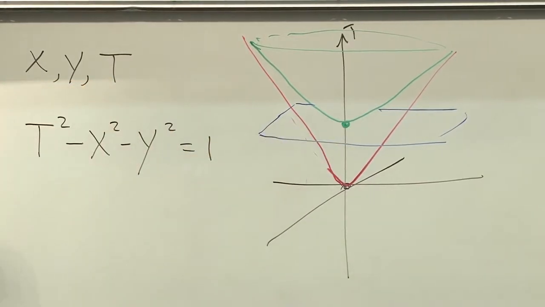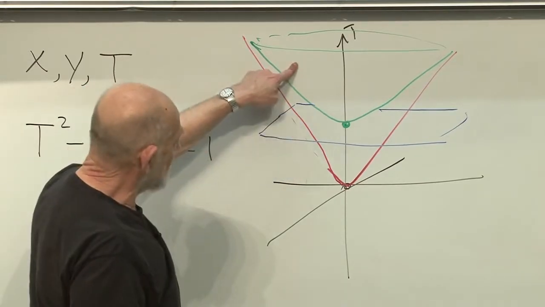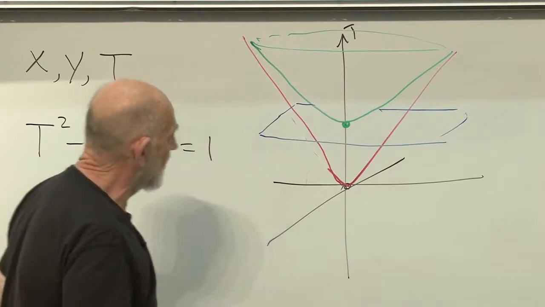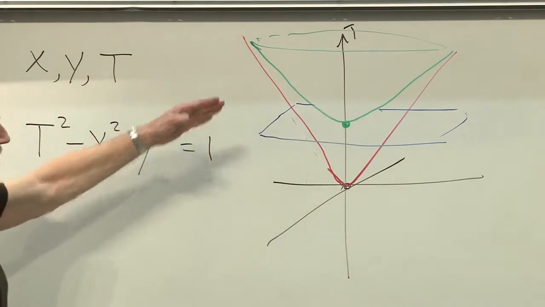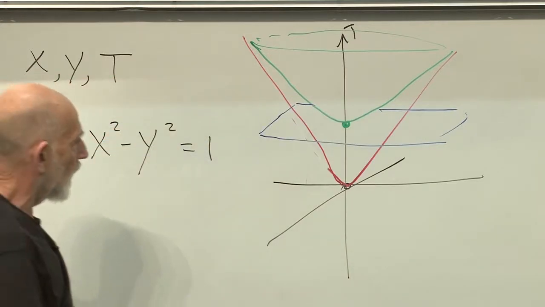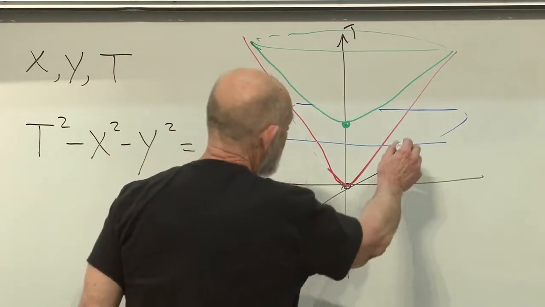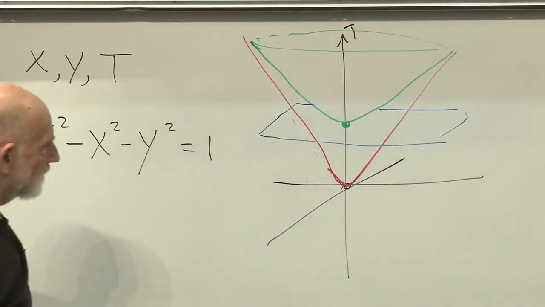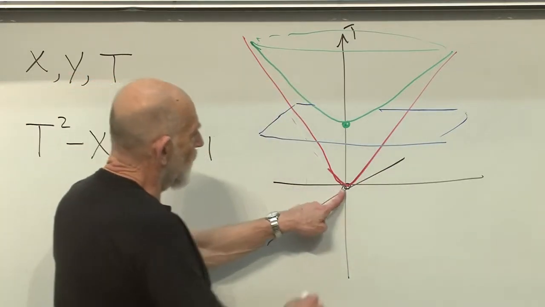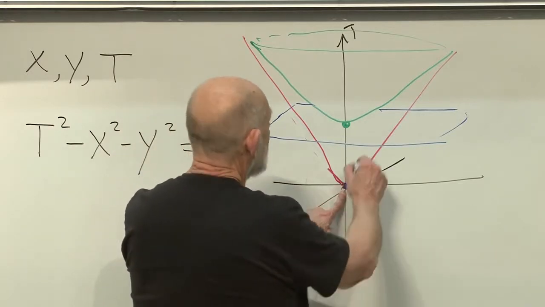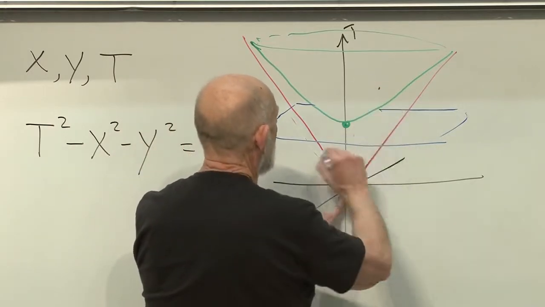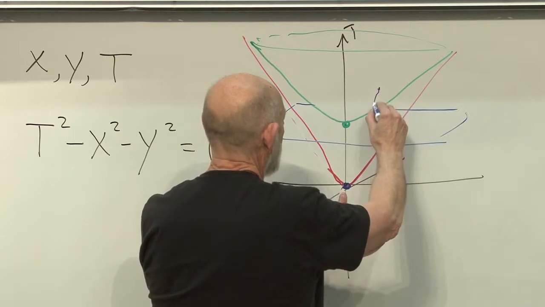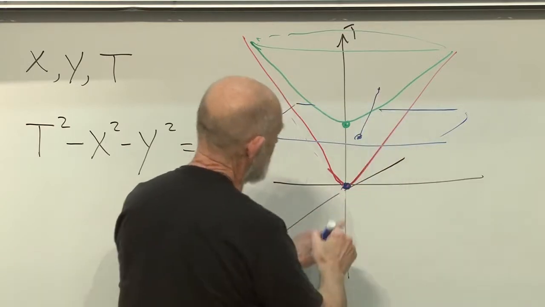We live at the bottom point, and we look out around us. We look out to given distances, distance out here, distance out here. But now we're going to take every point on the green hyperboloid and map it to a point on the blue plane. How do we do it? We just draw a line from the center over here to the particular point on the hyperboloid, and it intersects the plane somewhere.